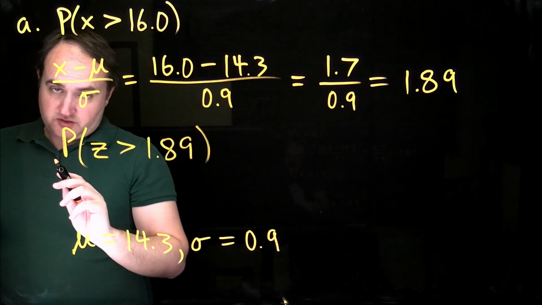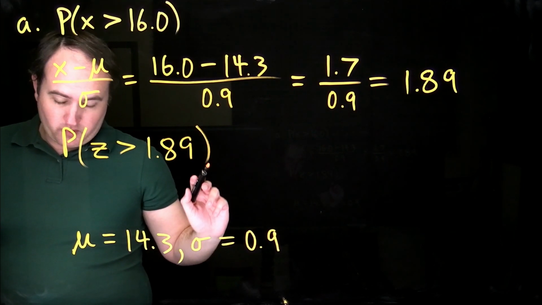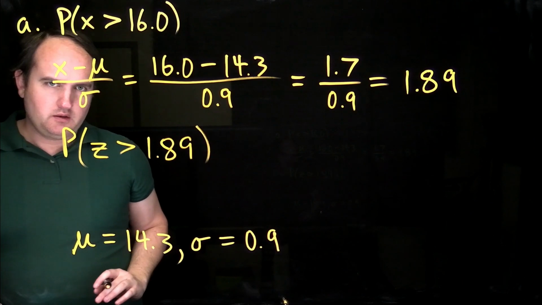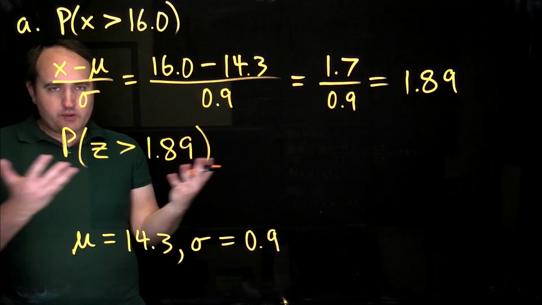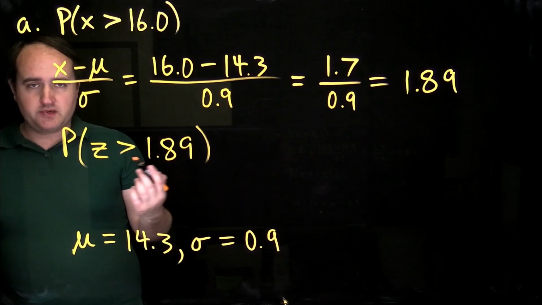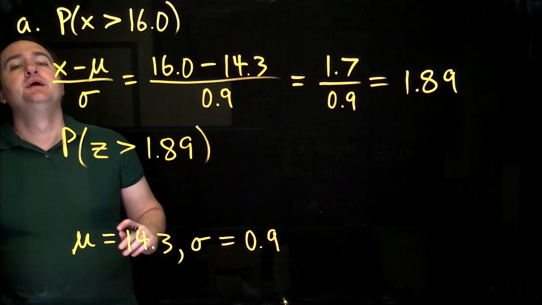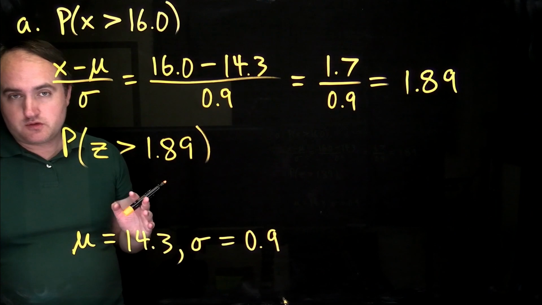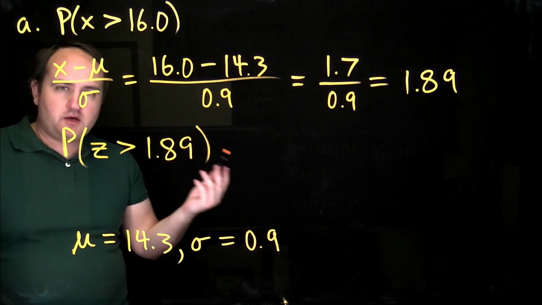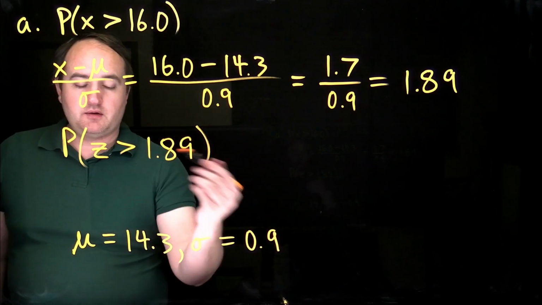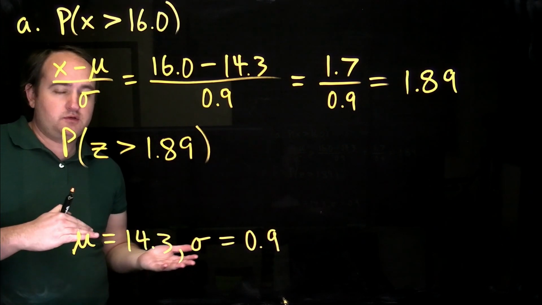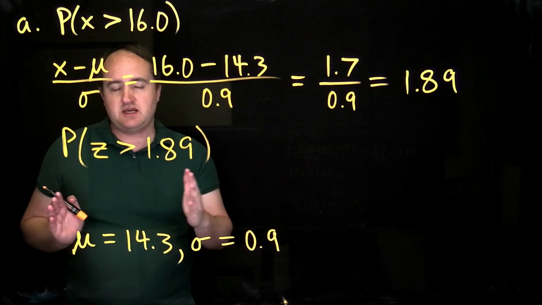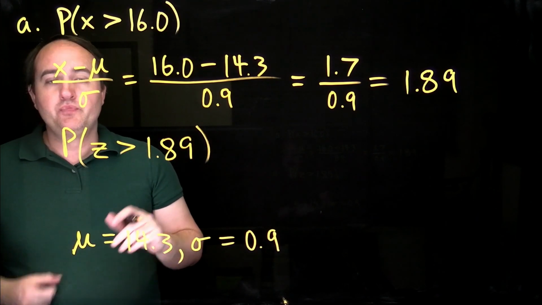This is just straight out of section 6.2. If you're a little bit lost here, make sure you watch or re-watch the video from 6.2, because we go over all the cases. Now, in order to use table A2, recall that greater than goes to the right, so we're looking at the area to the right. But table A2 indicates the area to the left of a z-score.